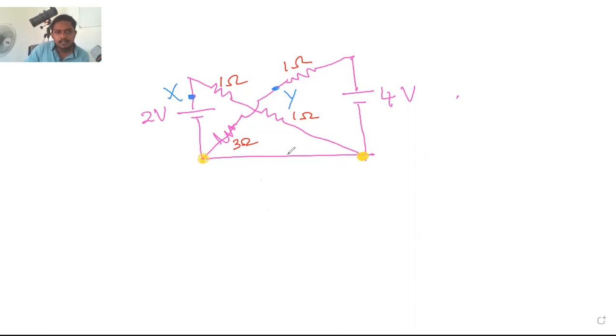This is simply a single line. Therefore, you can draw it this manner and simplify this.